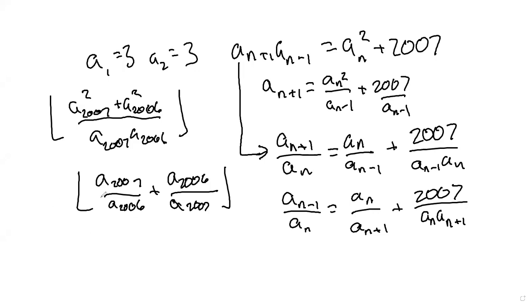And I'm going to go ahead and define another sequence. B sub n is equal to a sub n plus 1 over a sub n plus a sub n over a sub n plus 1. So I'm going to use good practices, and I'm going to say what we want.